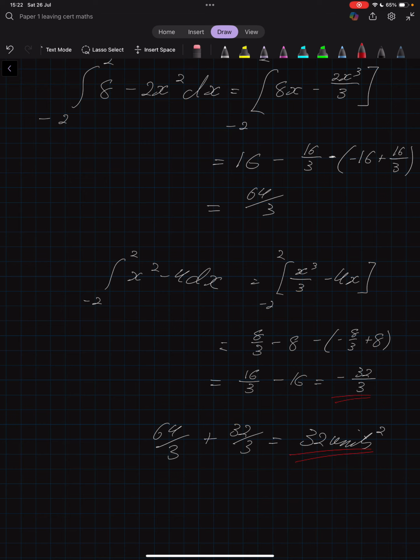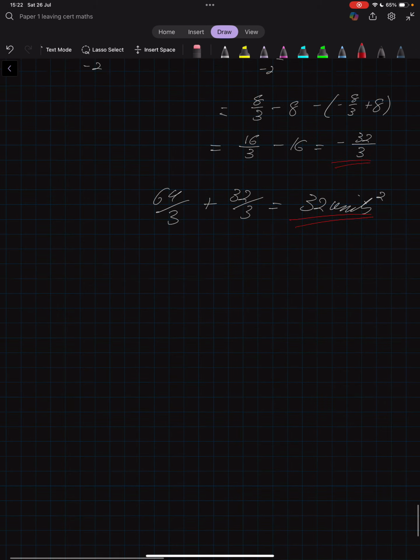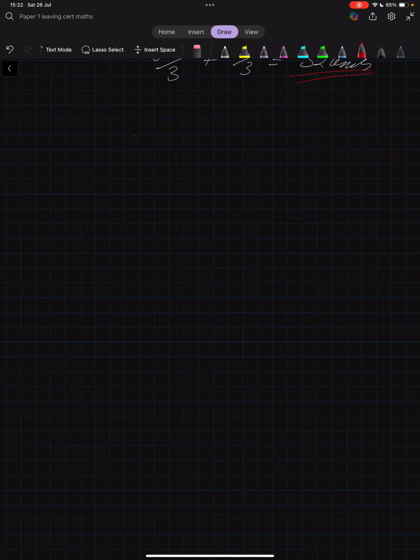All right. Finally, the average value of a function. If they ask you what is the average value of a function from a to b, it's the integral from a to b of f of x dx divided by the length.